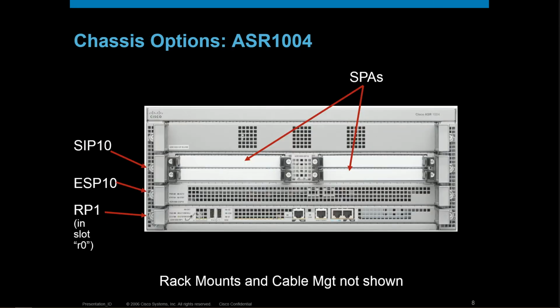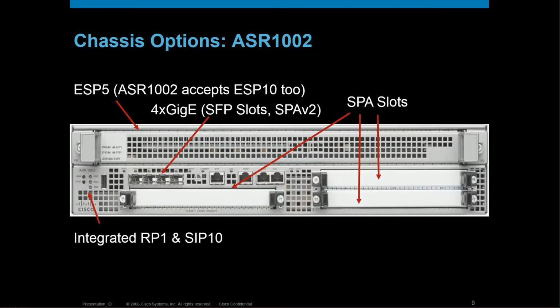These are our SPAs. It's just a different add-on card depending on the peripherals that you need. That's a really big thing with the Cisco routers, is they're very modular. You only pay for the add-on card that you need. Again, we have our 4 gigabit mini SFPs or GBIC slots.